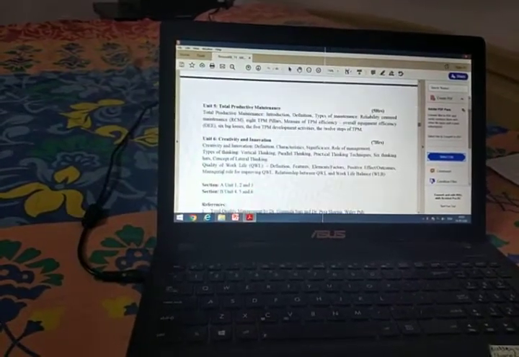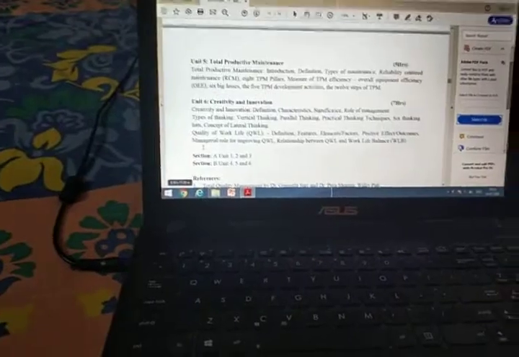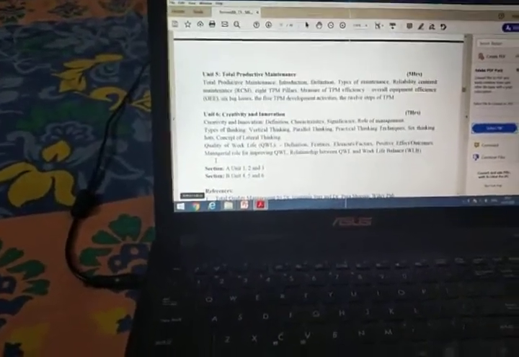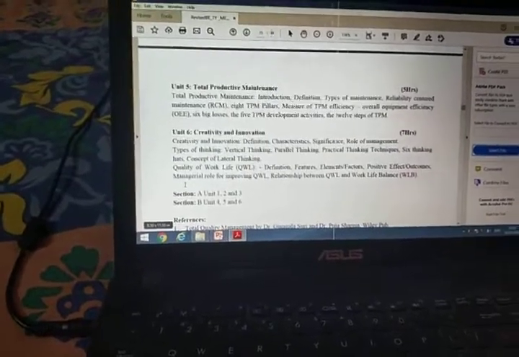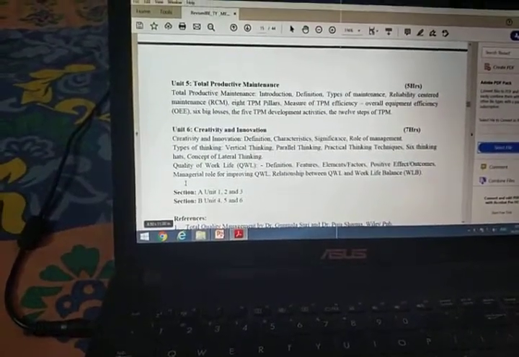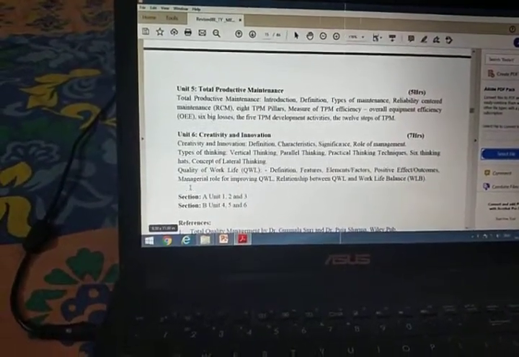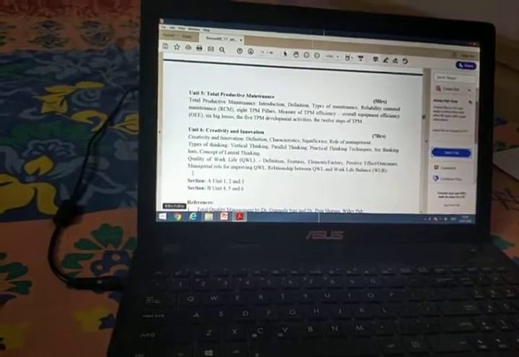And there is one additional subject, creativity and innovation. Regarding invention and innovation, I will discuss. What is invention? Invention is with the help of study and deep knowledge.